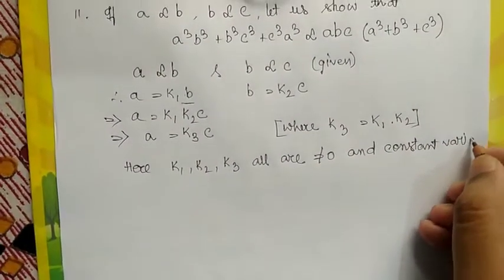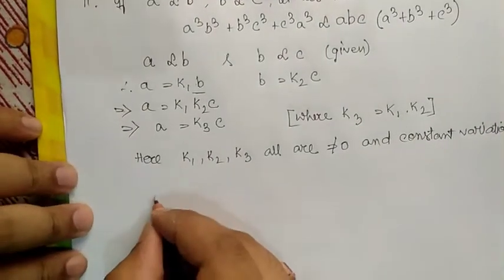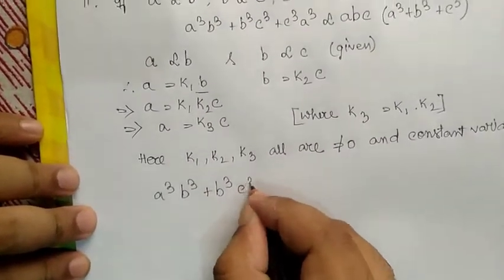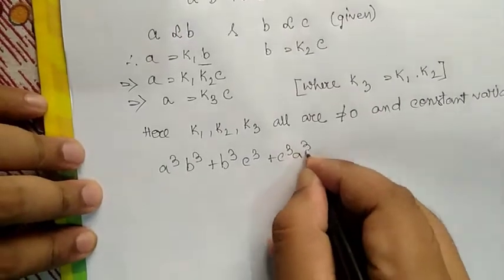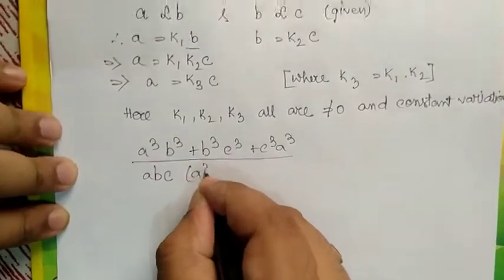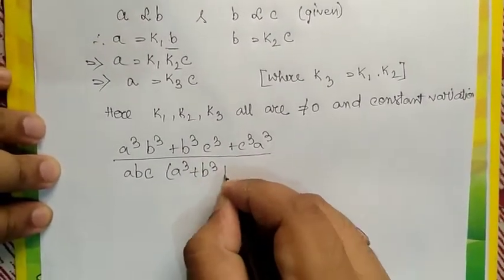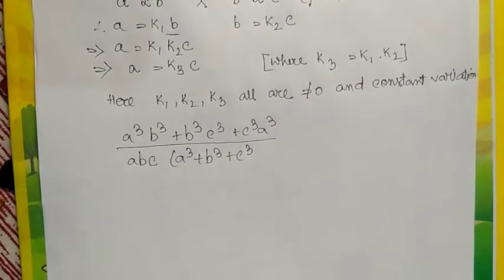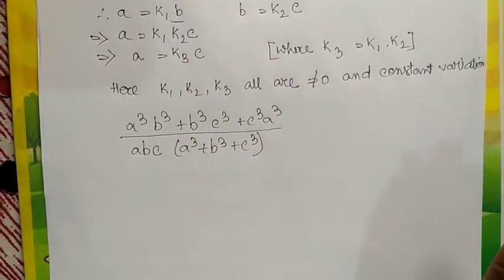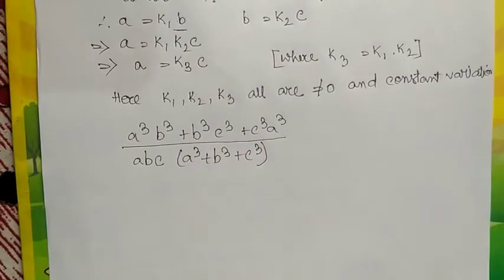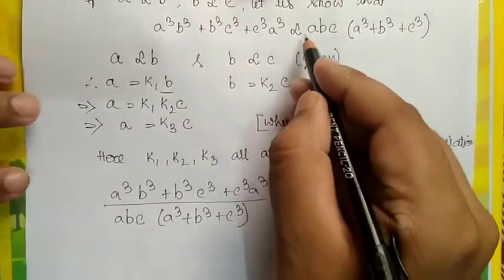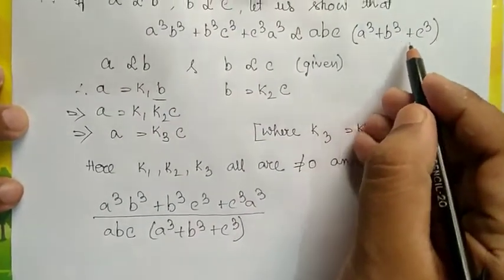Now if we find that this value is a constant, we can prove that A cube B cube plus B cube C cube plus C cube A cube varies directly with ABC into A cube plus B cube plus C cube.